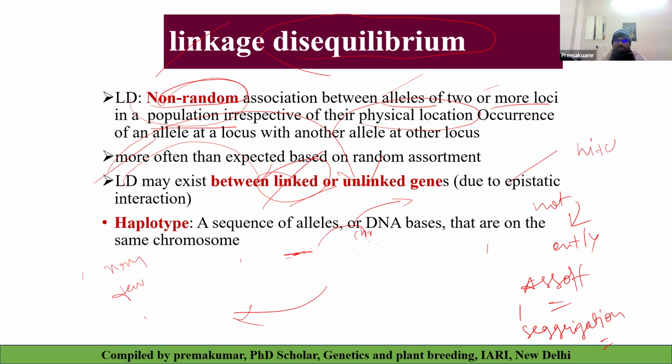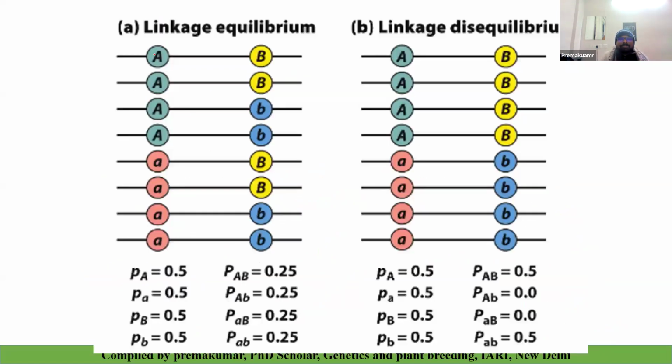It's a combination of SNPs. They inherit together. We will discuss. See, for example, this A and B are two different genes having different alleles. For example, capital A and small a: the dominant allele and the recessive allele. This capital A allele can go with capital B or with small b.